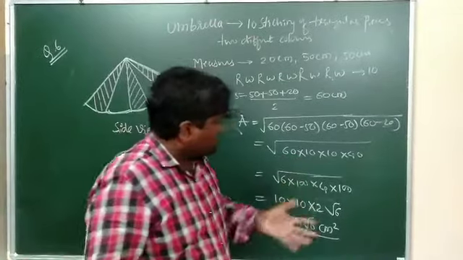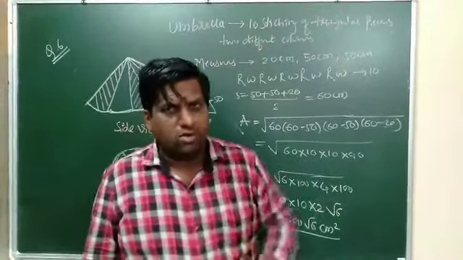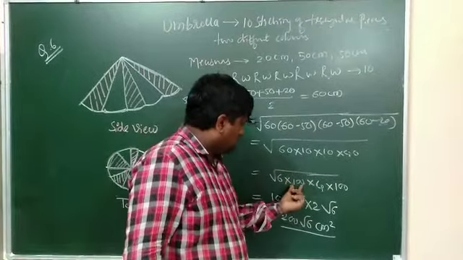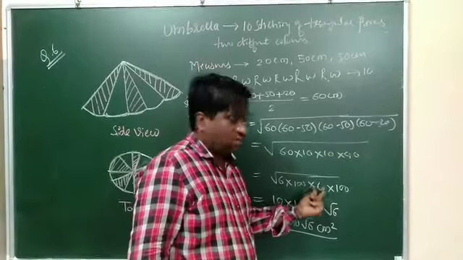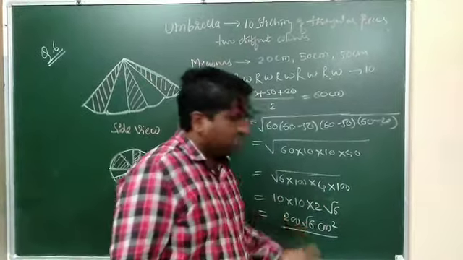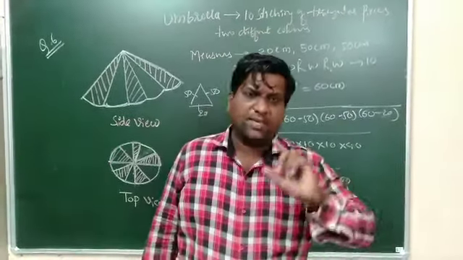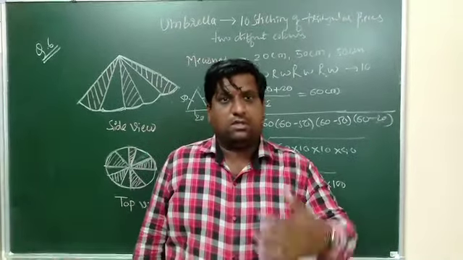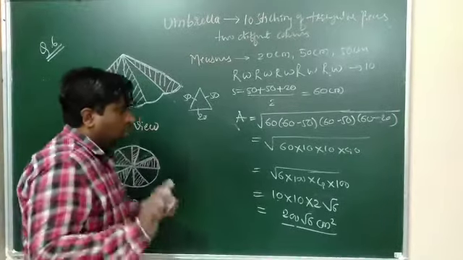I am just rearranging as per my convenience so that I can get the square root of a number very easily. 100, the square root of 100 is 10, 10, the square root of 4 is 2, and root 6. So this is the area of a single piece of cloth. There are a total of 10 cloth pieces.